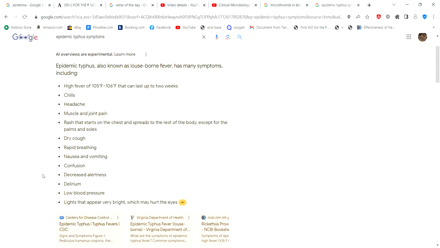Human to human, and it's transferred by the human body louse. The louse carries this in its poop in its GI system.